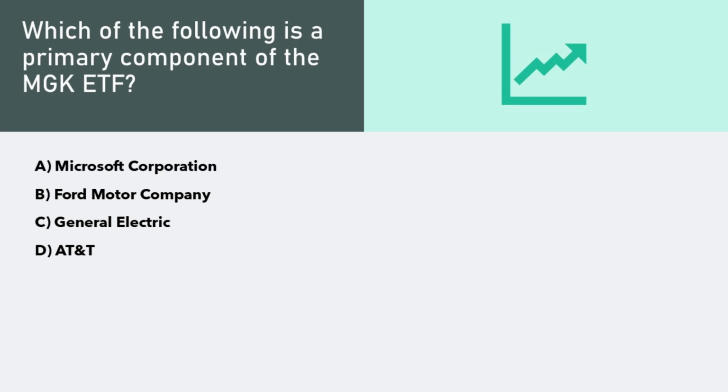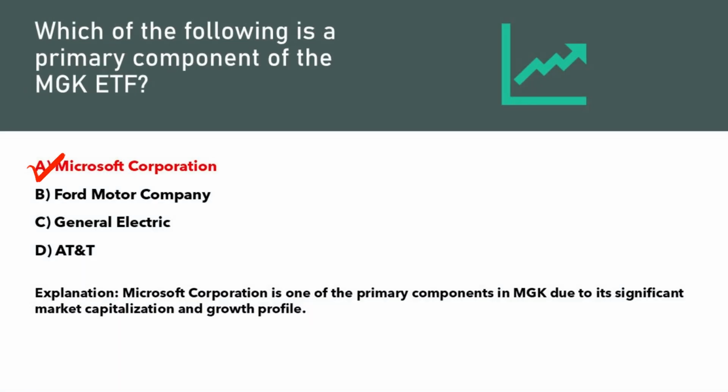Which of the following is a primary component of the MGK ETF? Answer: A. Microsoft Corporation. Explanation: Microsoft Corporation is one of the primary components in MGK due to its significant market capitalization and growth profile.